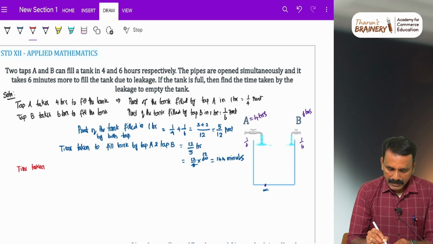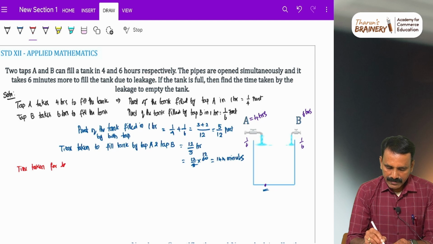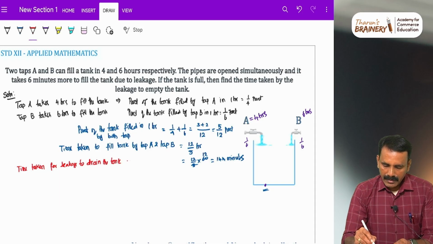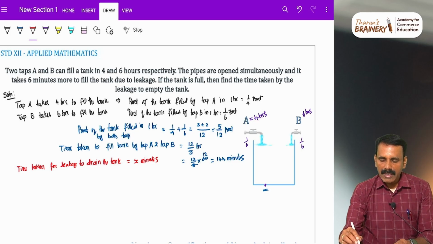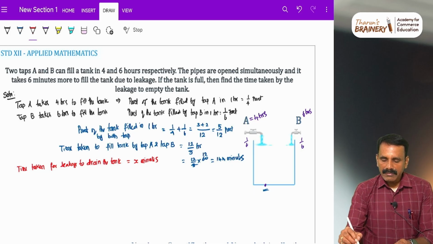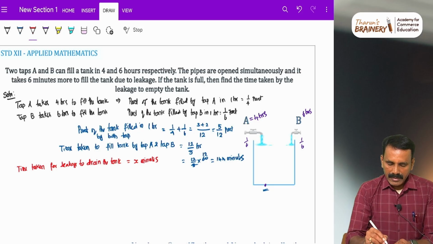Let the time taken for the minor leakage to drain the tank be x minutes. We convert to minutes now. Previously, we did it with hours, and in the final answer we converted to minutes. Okay.